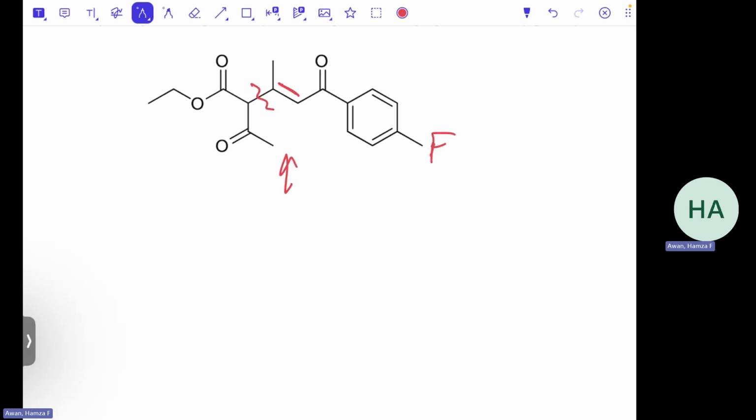So our first step for that cleavage is going to be NaOEt/ethanol. And then for our second step, we have to put H3O+.